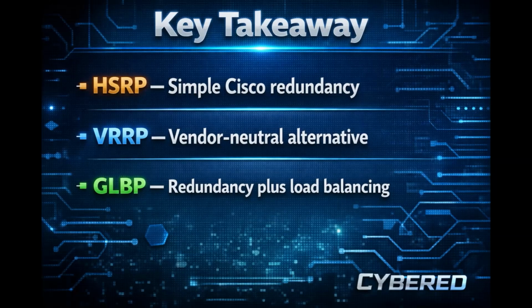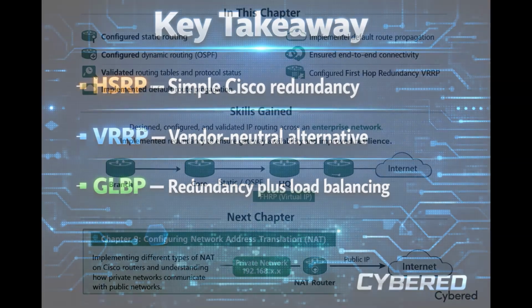Key takeaway: HSRP, simple Cisco redundancy; VRRP, vendor-neutral alternative; and GLBP, redundancy plus load balancing. You now understand how each FHRP works, how to configure them, and how to verify failover, an essential skill for building high availability enterprise networks.